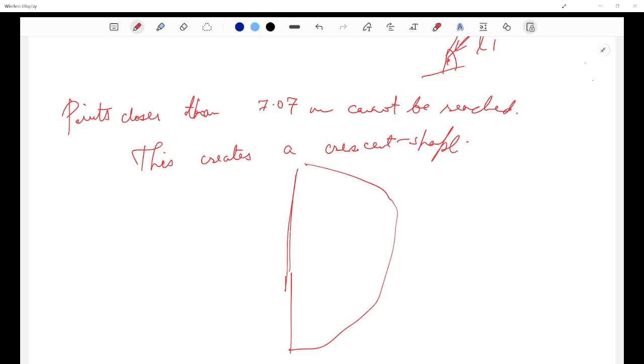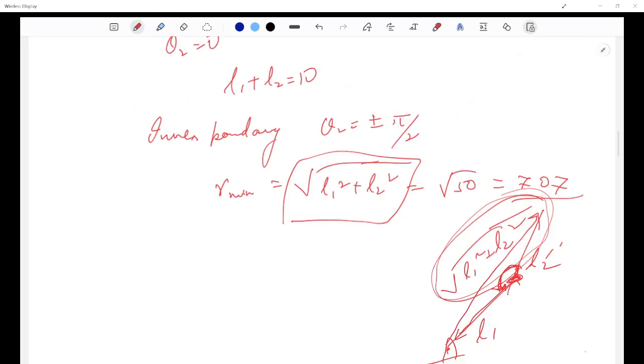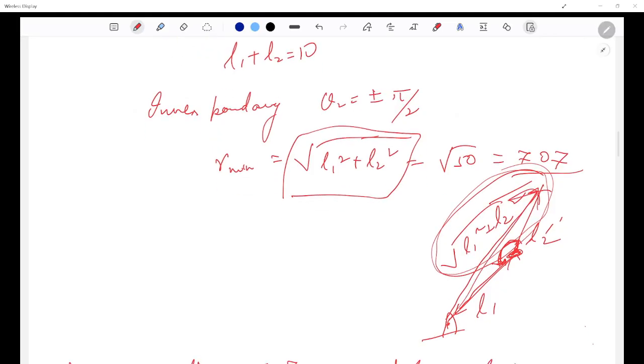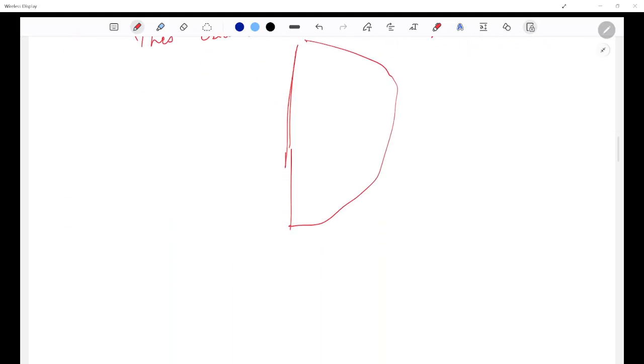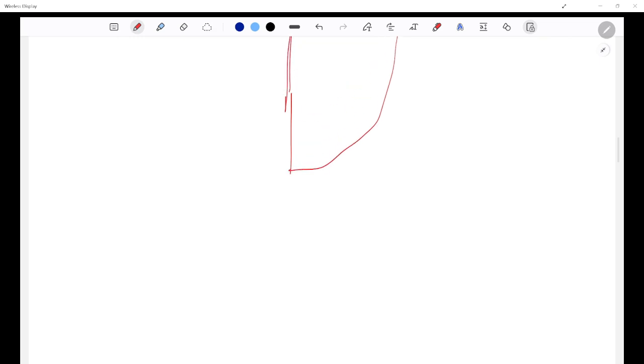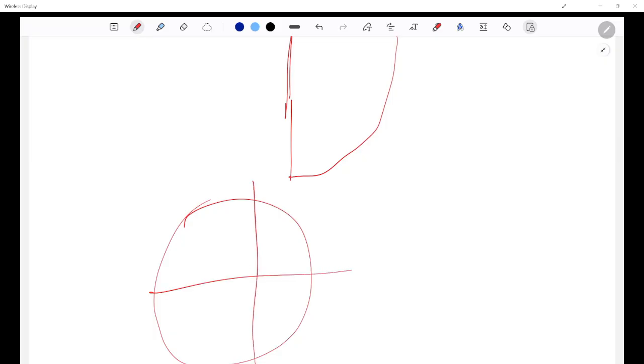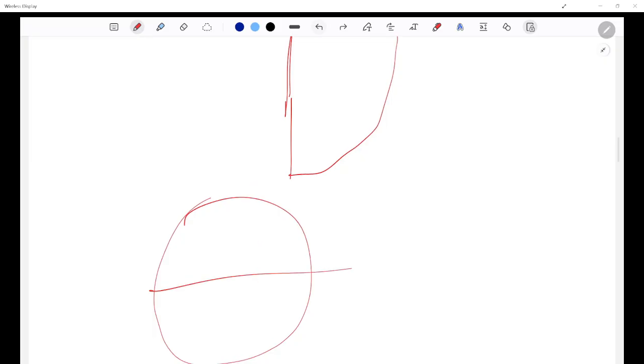But then the y-axis also has a restriction for minus pi by 2 and pi by 2, and hence we need to take into account the minimum distance it can go. So the outer radius is 10, and the inner radius is 7.07.